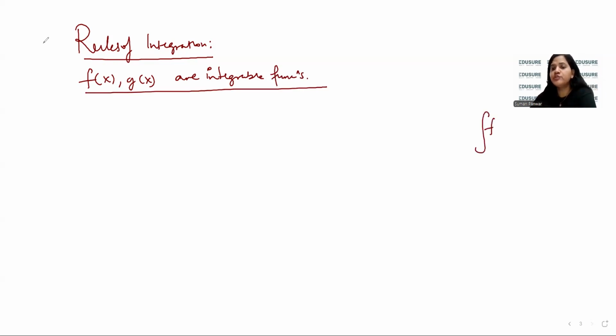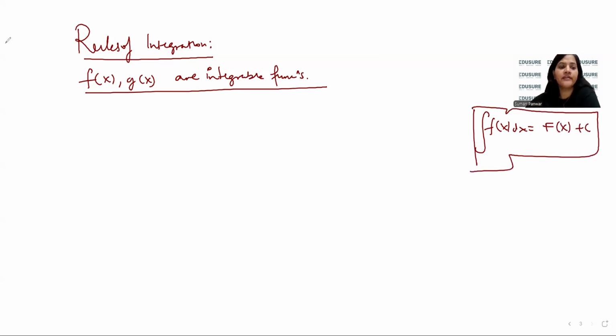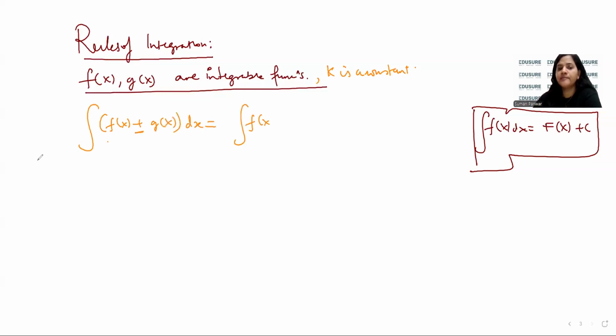That means we should be able to find a capital F(x) such that this thing can happen. Okay. So suppose f(x) and g(x) are integrable functions and k is a constant. Okay. So if we talk about integration of f(x) and g(x) with a plus or minus sign, we should be able to separate these and calculate them separately.